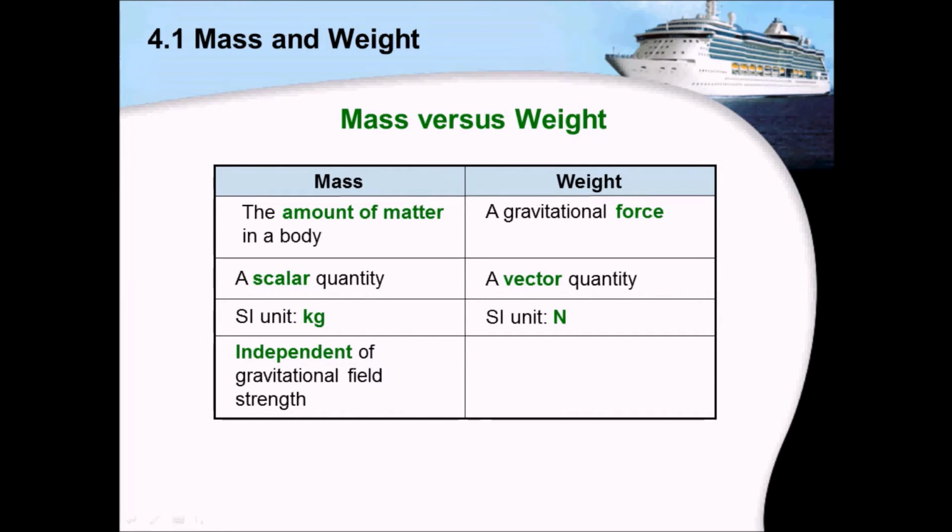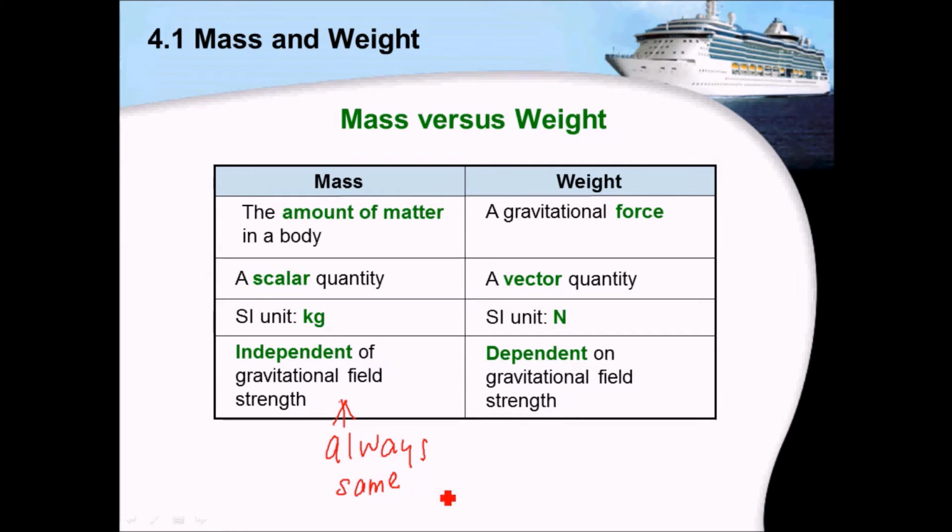Mass is independent of the gravitational field strength, and it's always the same in any part of the universe, while weight is dependent on the gravitational field strength. So remember, mass is always the same. It will not change. Alright? So let's move on.